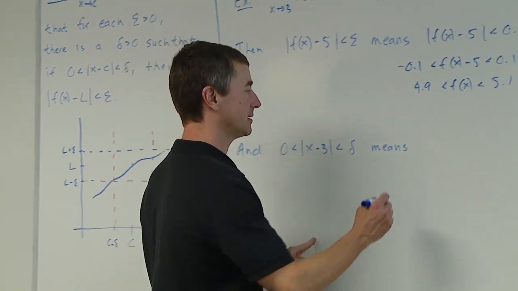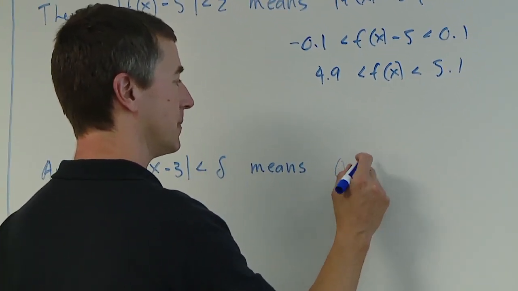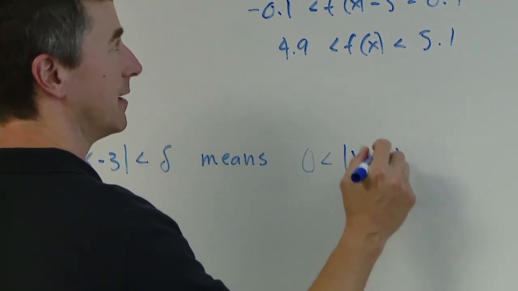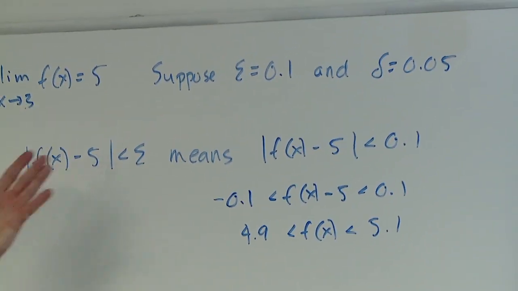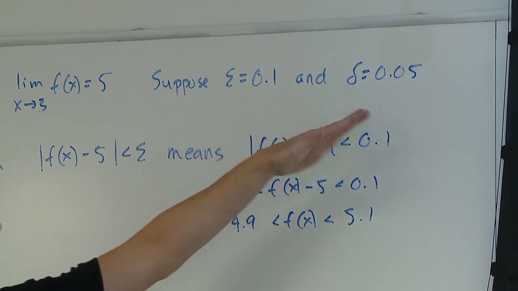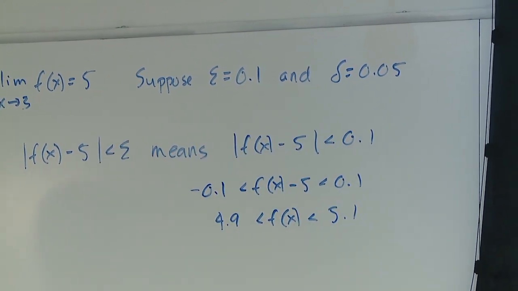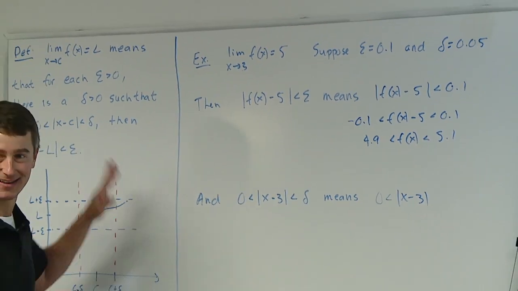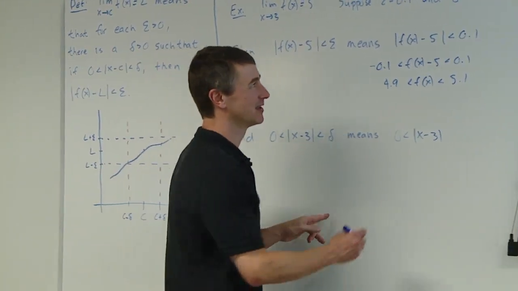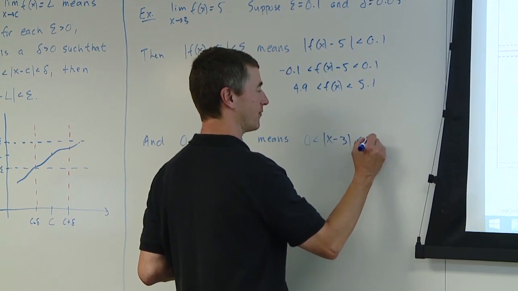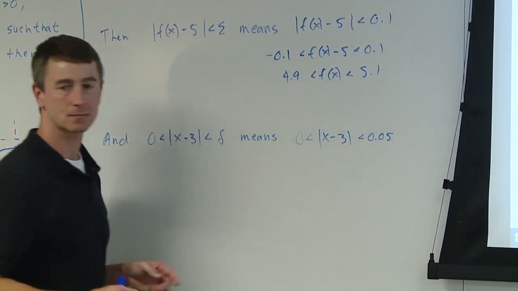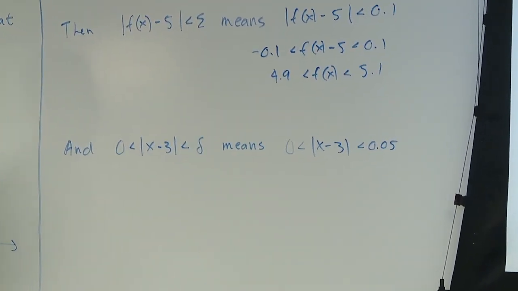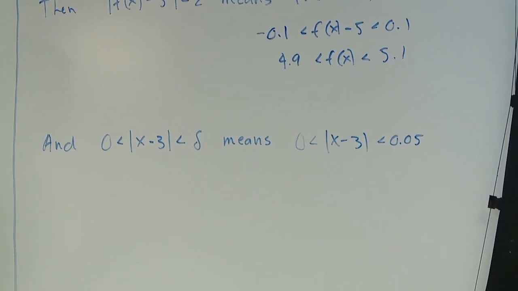0 less than the absolute value of x minus 3 less than delta means 0 is less than the absolute value of x minus 3. We're just doing this, there's nothing special about the numbers 3 and 5 and 0.1 and 0.05. I just want some concrete numbers to make this a little less abstract, because this is a very abstract definition. So it's saying this is less than 0.05, right? So let's try to figure out what that means about where x would be.